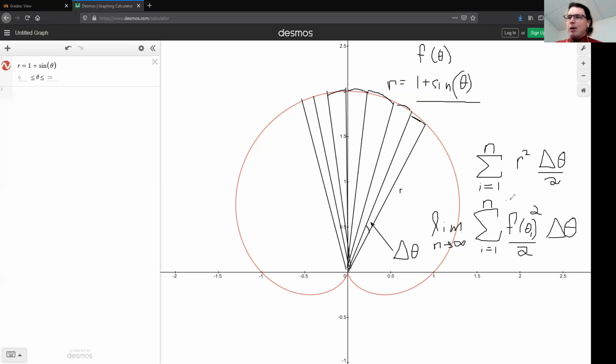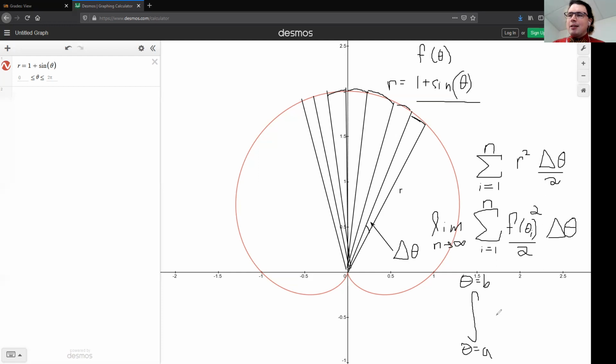And here's my formula. Here's my delta theta. So this looks a lot like the limit of a Riemann sum. So I should be integrating, let's say, from theta equals A up to theta equals B. We'll figure out those numbers in just a minute here.